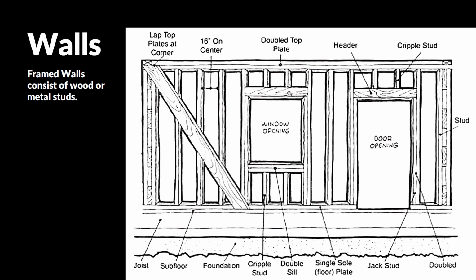And then we'll have a header up at the top. And then, above and below, if it's needed to fill the space, you'll have the cripple studs, those shorter studs in between to make up that space. So this is how a really standard residential and even commercial wall will be built.